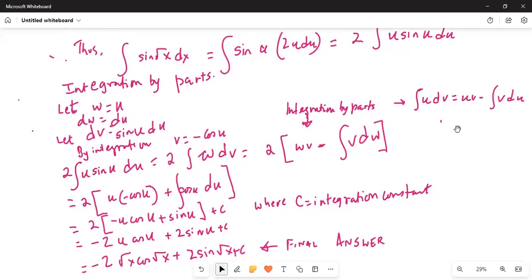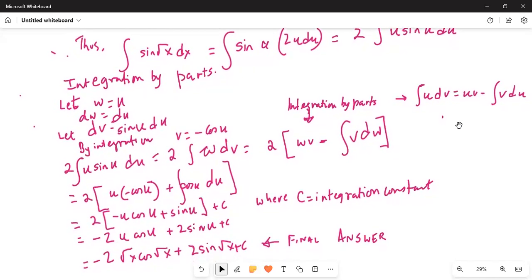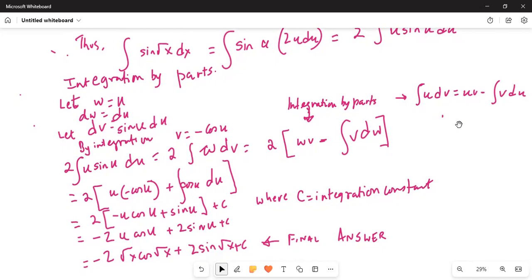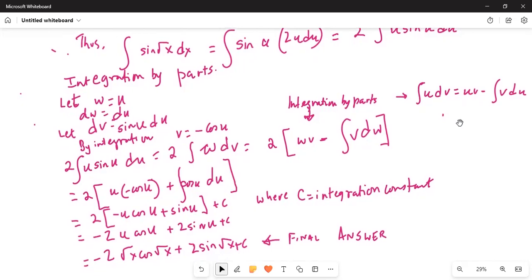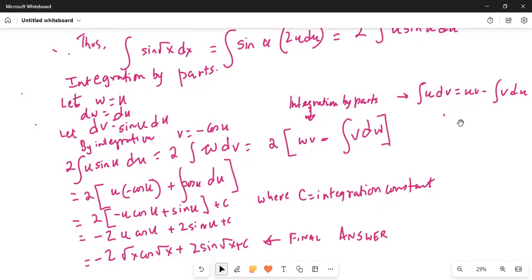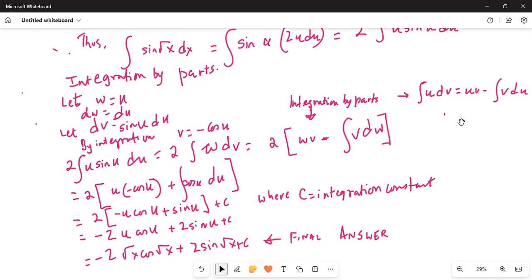With w equal to u and v equal to minus cosine u, the first term is minus u cosine u, and the second term, two minuses, makes it plus the integral of cosine u du. The integral of cosine u du is sine u. Then I distribute the 2 inside: minus 2u cosine u plus 2 sine u plus c.